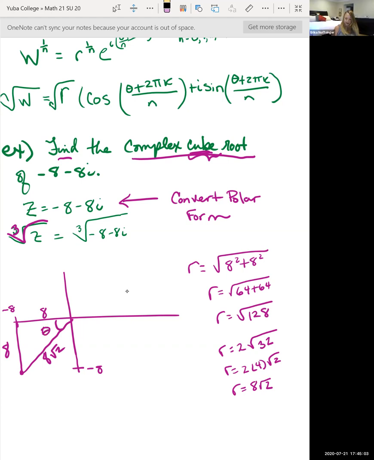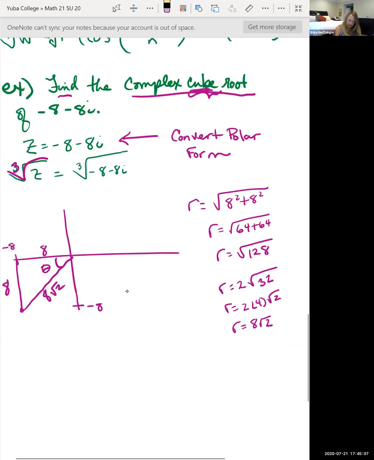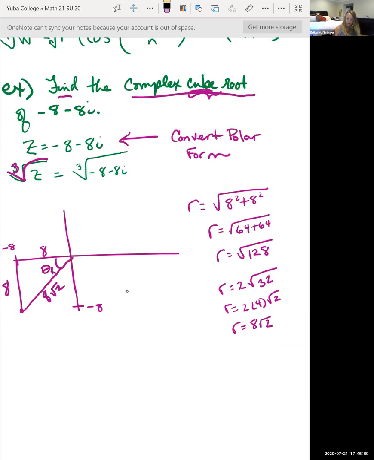So we've got to figure out what theta is. So let's think of this as our reference angle right now, and think about what trig functions you have. If we're thinking about opposite and adjacent, well, we know that tangent is equal to 8 over 8, which is 1.